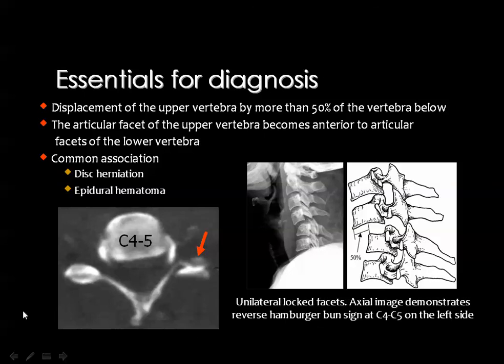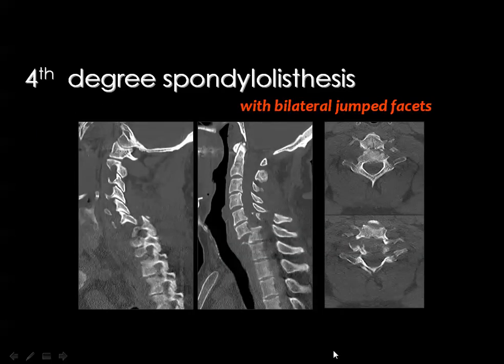In the axial image, you can see that the right facet is good with normal relation, and the left facet is not good with abnormal relation, and this is unilateral facet locking on the left side.